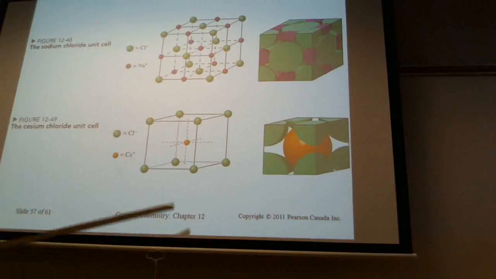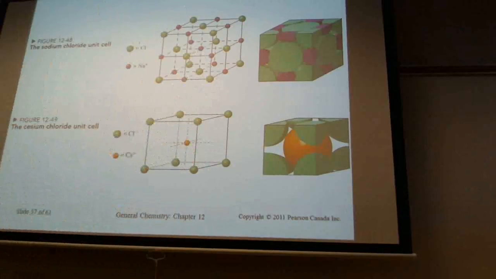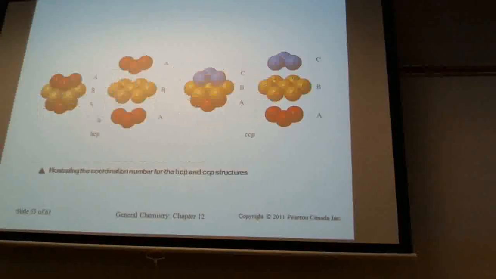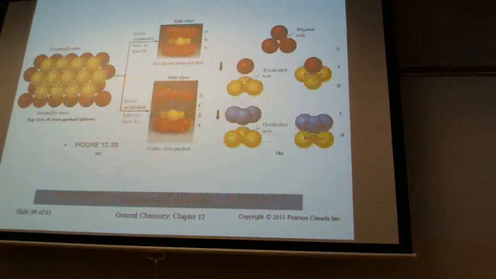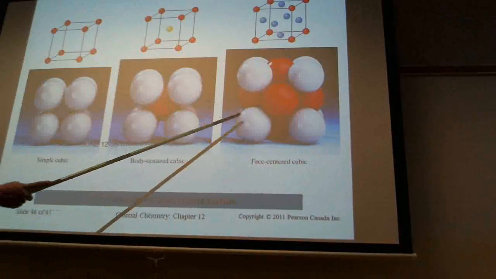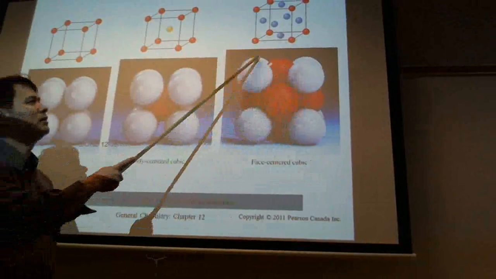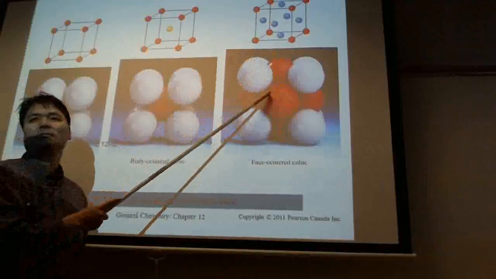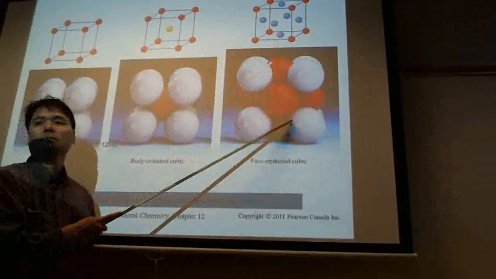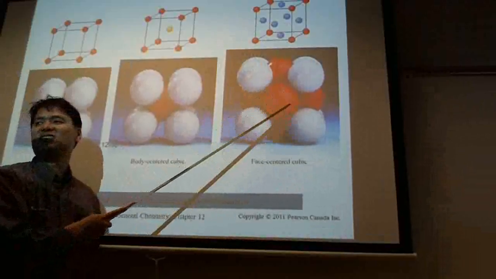Let me show you an image. This is called the face-centered cubic lattice unit cell. They just color the atoms differently.